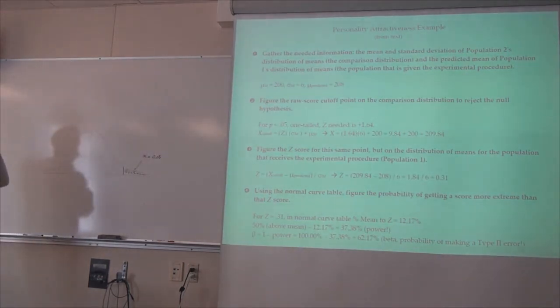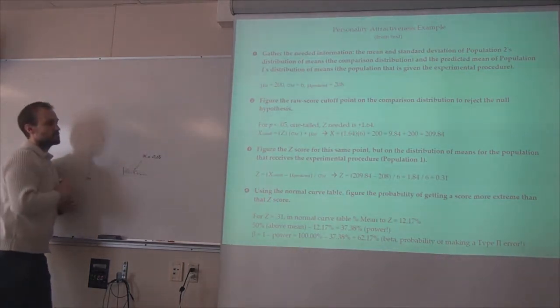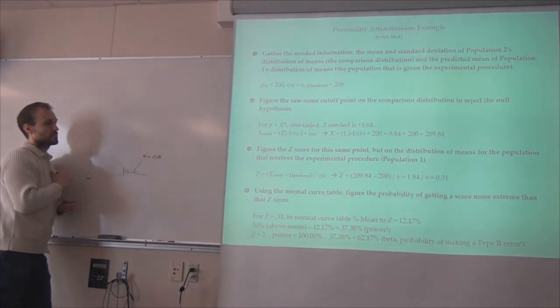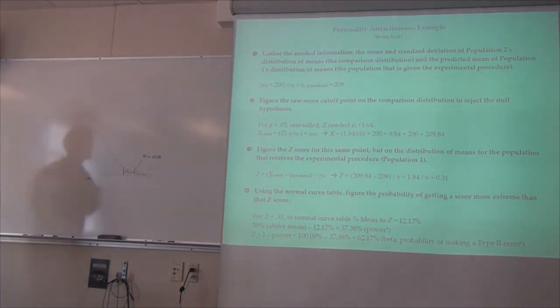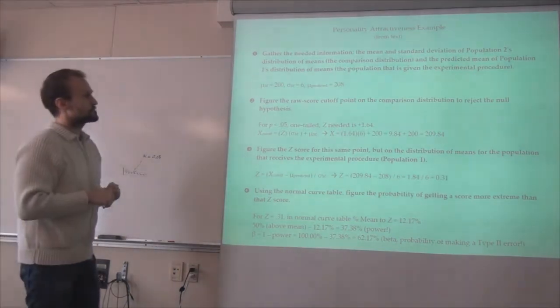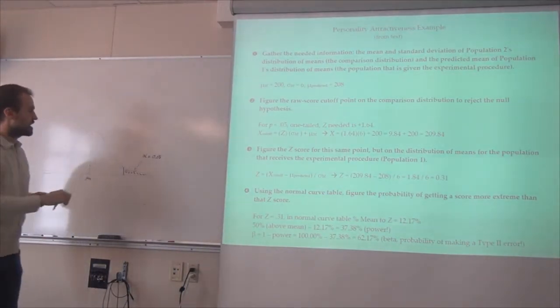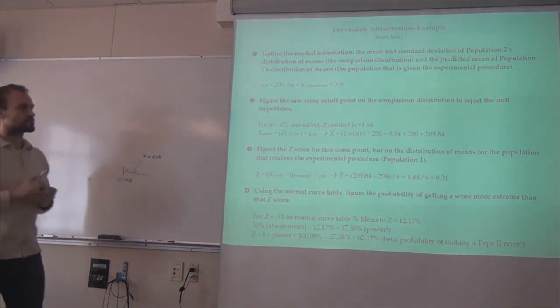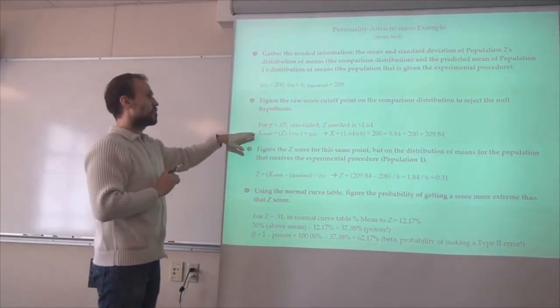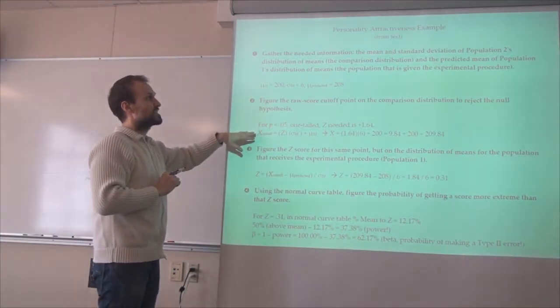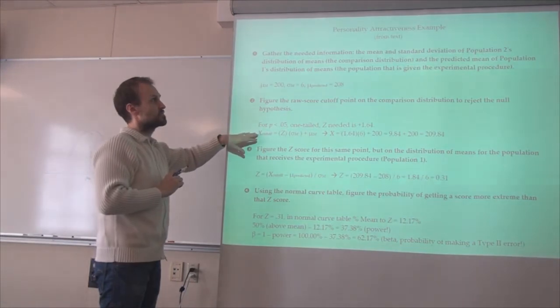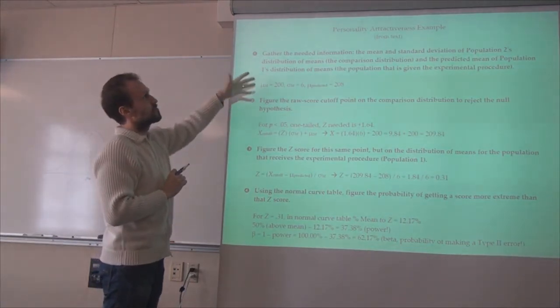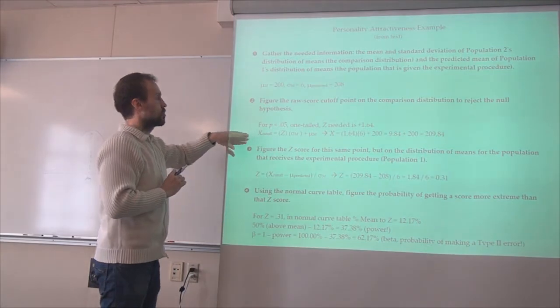So if I get something extreme enough, my hypothesis test is going to conclude that there has been an increase, and I should reject the null hypothesis. All right. What was the z-score there? It was 1.64. Now I want to know what is the corresponding x value. What is the corresponding rating at this point?